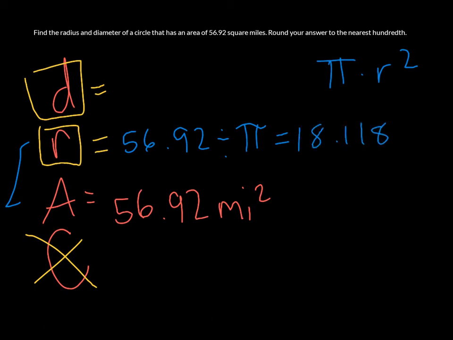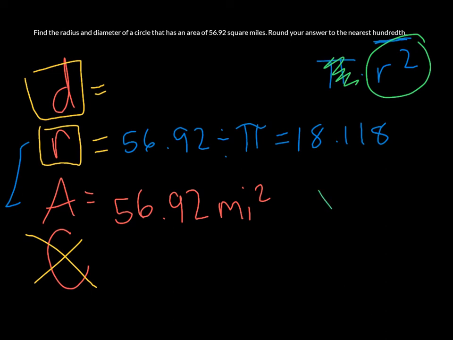Now, I know that my directions say to round to the nearest hundredth, but I'm not done yet. So I'm going to wait to round until I get to the very end. So I'm going to keep it in the thousandths up until that point. Now, I have to look at the formula. I took care of getting rid of this by undoing it, but now I have to undo r squared. Now, if you recall, the inverse of squaring something is the square root.